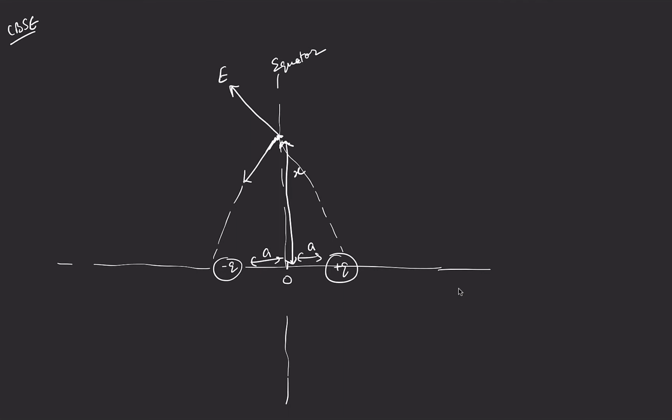So this would be E naught, this would also be E naught, where E naught's value is kq by the square of this length, which is the same for both: a square plus x square.